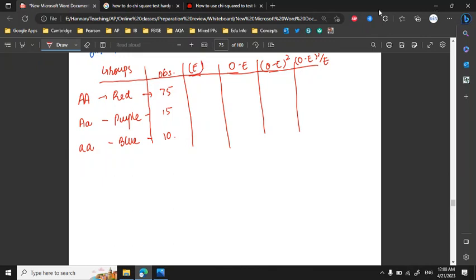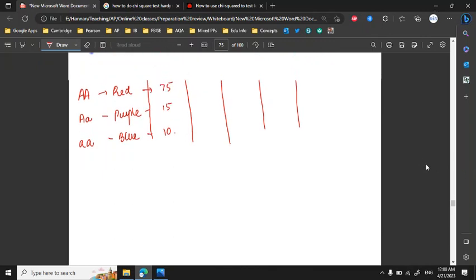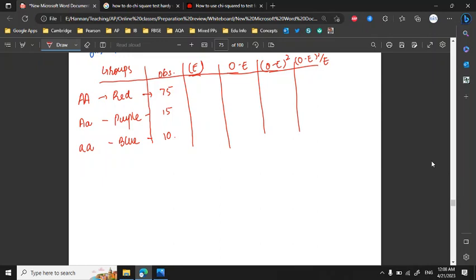For this purpose you need to understand the Hardy-Weinberg equilibrium. You know that in Hardy-Weinberg equilibrium, P is equal to the dominant allele, which in this case is A, and Q represents the recessive allele, which in this case is small a.